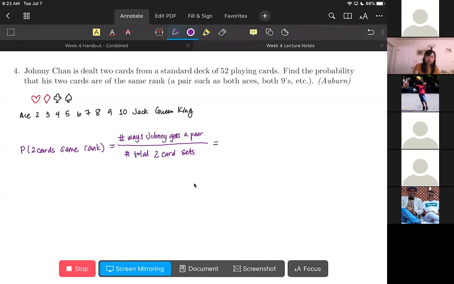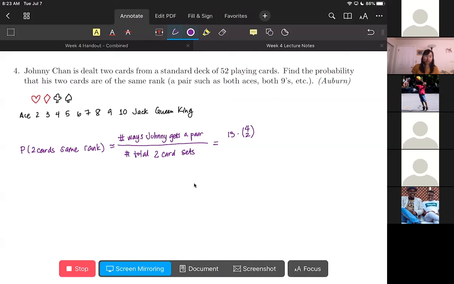There are different ways you can count it, but if you want to count the whole thing, there are 13 ranks, and for each of those ranks there's 4 choose 2 ways to get 2 suits of it.